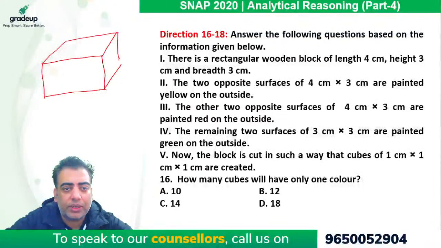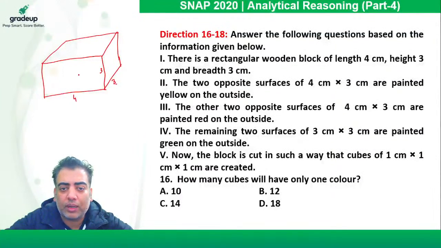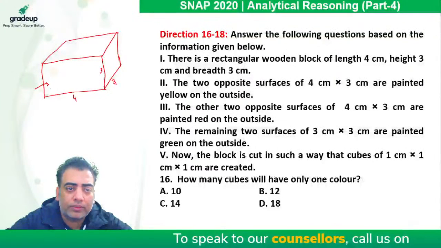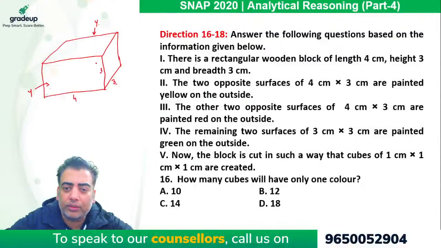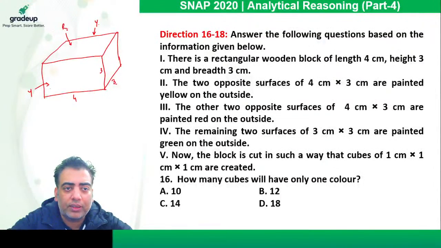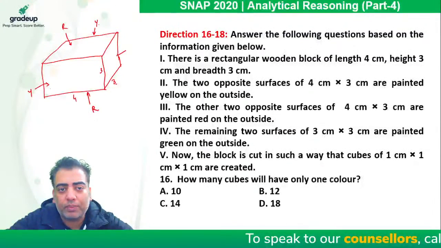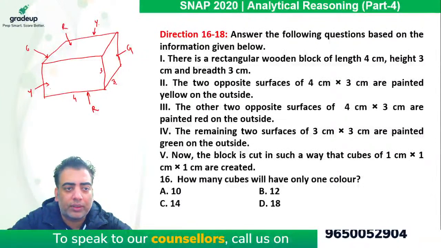So the dimensions given to me are 4 by 3 by 3. The two opposite surfaces are painted yellow on the outside. Let's say this front one is painted yellow and the opposite, on the back, is also painted yellow. Now the other two of 4 by 3 are painted red. So the top face is painted red, and let's say the bottom face is painted red. And the remaining two are painted green. So this is green, and on the back, this one is also green.